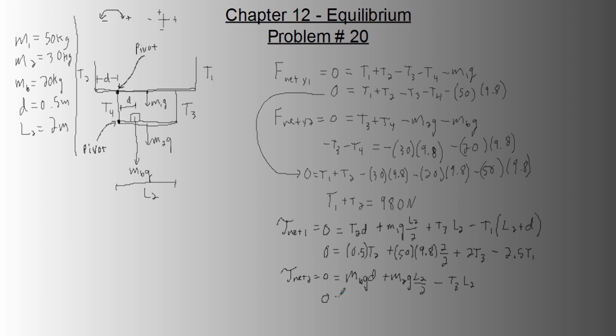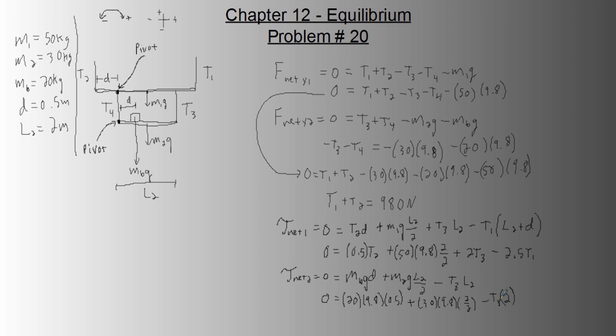So this becomes 0 equals 20 times 9.8 times 0.5 plus 2 is 30 times 9.8 times 2 over 2 minus T3 times 2.